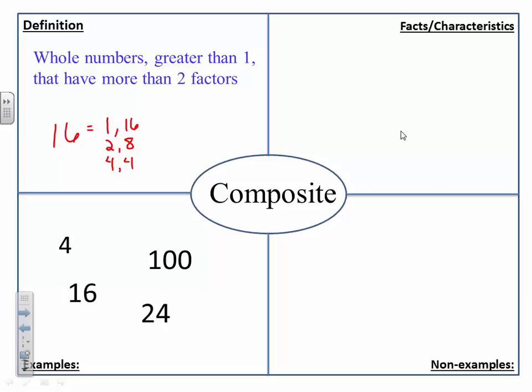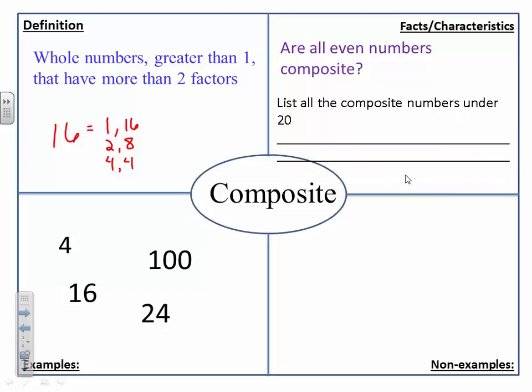All right, so let's talk about some interesting things about them. Are all even numbers composite? If I were you, I might flip back and forth from the same question or a similar question from the other side of the page for prime numbers. I asked you a very similar one. I would switch back and forth between those two and see if you can figure out what I'm looking for there. You can pause the video to do that. And your other one is kind of the opposite of the question on the other side.